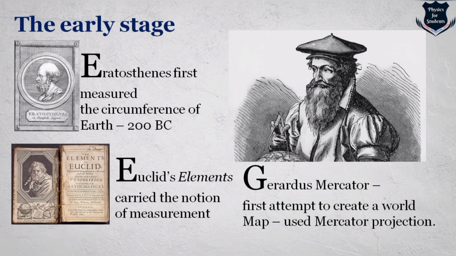It is Mercator who first perceived the notion that a spherical globe, or the measurement of the globe or Earth, can be flattened out into a two-dimensional map. It is also noteworthy that in 1569 Mercator published the first world map and coined the term atlas.